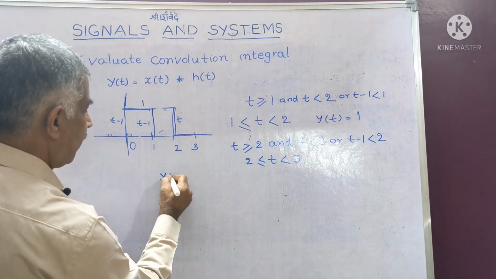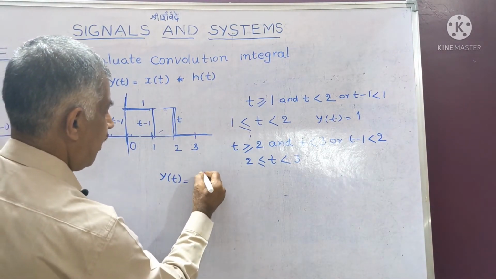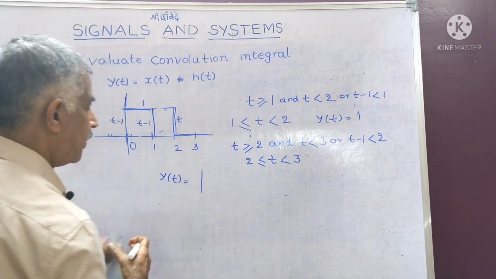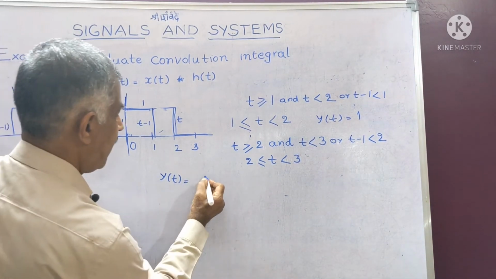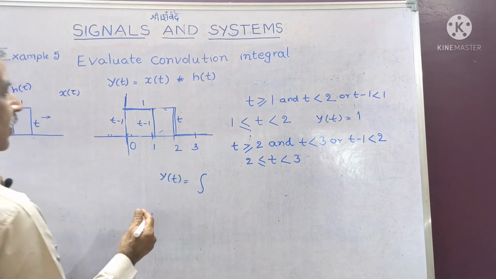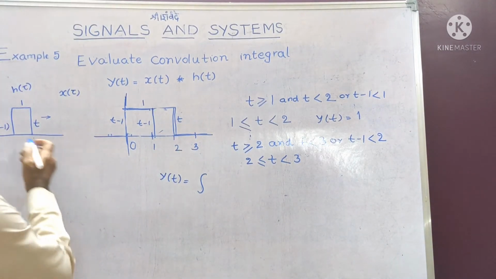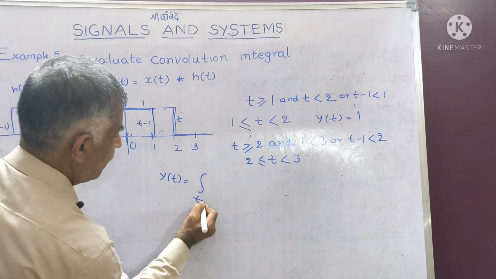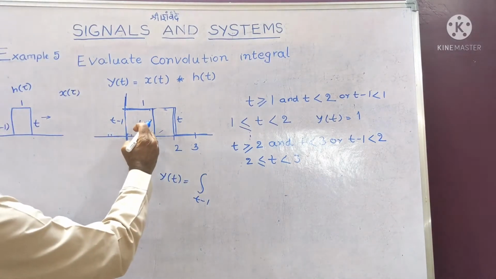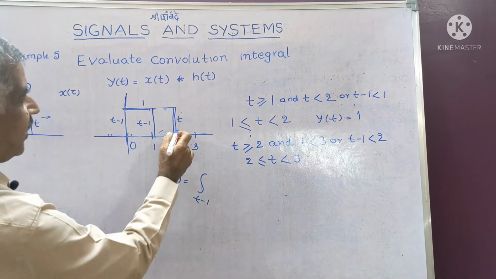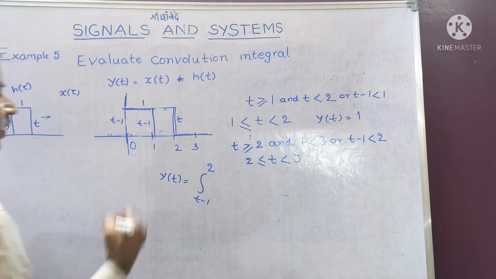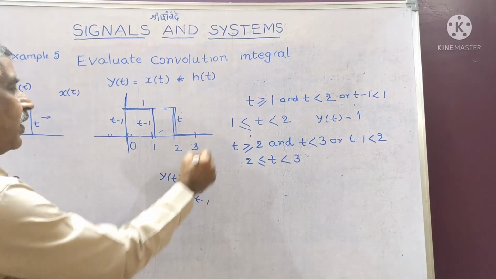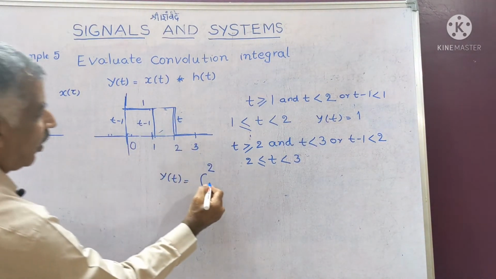Therefore, y of t equals the integral from t minus 1 to 2 of d tau, because the t minus 1 edge has come out of 1, between t minus 1 and 2, the product is 1.